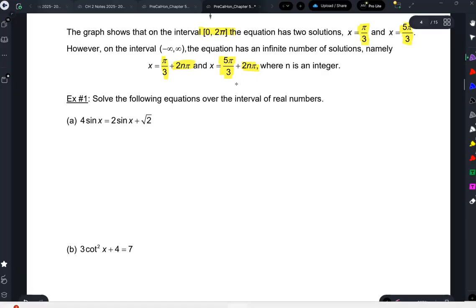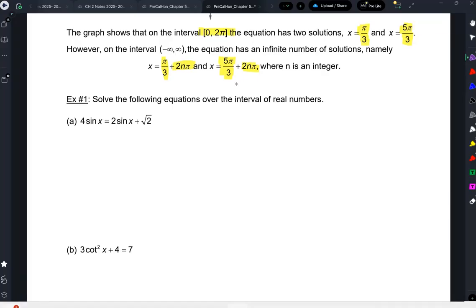So now let's take a look at this one first. 4 sine x equals 2 sine x plus root 2. We want to solve this. What you want to do first is isolate the trig function. Now, look at what this says: solve the equations over the interval of real numbers.